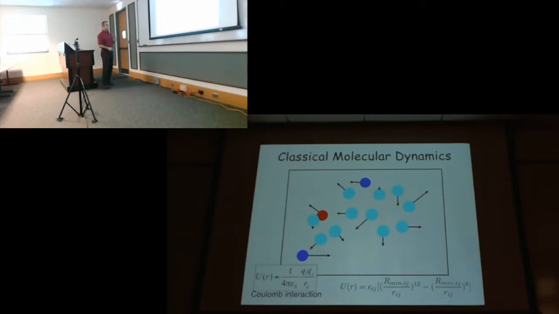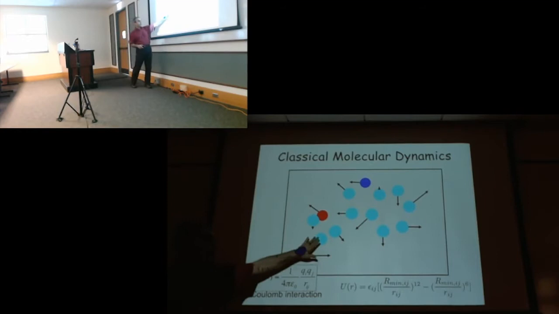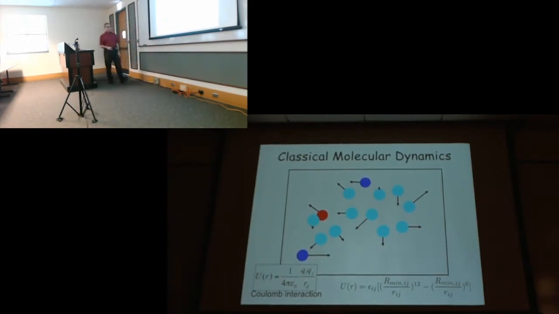So now, if these are charged, then in addition to van der Waals and Lennard-Jones potential, we need to have charge-charge interaction. That's a simple Coulomb interaction, potential energy function that we have here. So Qi, Qj are the partial atomic charges. That's the terminology I start to use. Partial atomic charges. They're not always integer numbers.